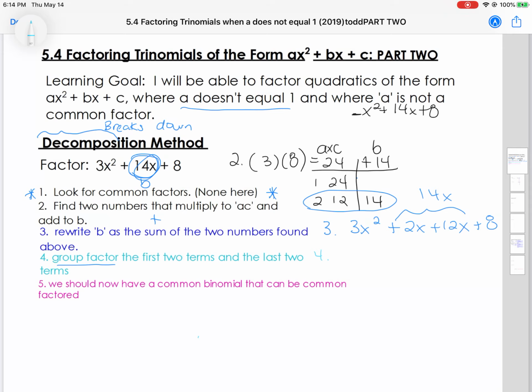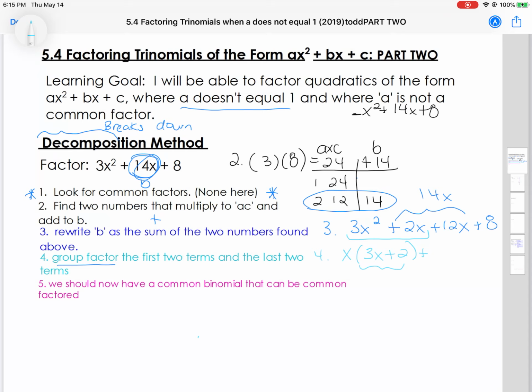So I could have written 3x squared plus 12x plus 2x plus 8, but you just find your common factor. Between these two terms, 3x squared plus 2x, the common factor is x. So again, now we're grouping. I'm grouping these two terms. And exactly like the other group by factor homework, if you did part 1, now I know that my second factor over here has to be 3x plus 2.